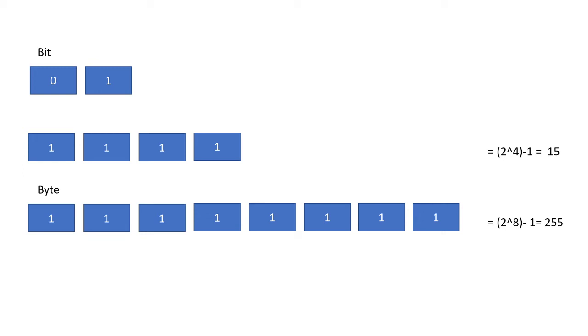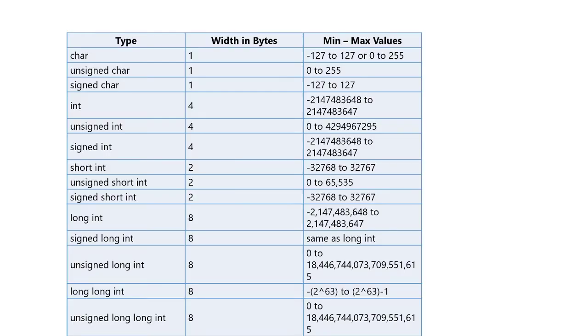A character is represented internally using its ASCII value, which itself is a number, and then that number can be stored again in the same way as we will store any other number. Let me quickly shift to another table which shows the typical size each of these data types will have.